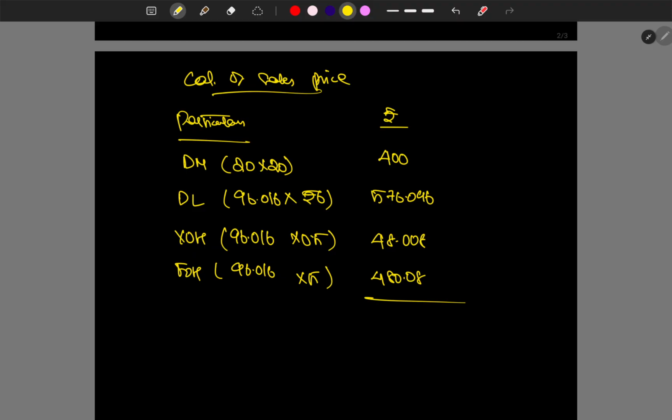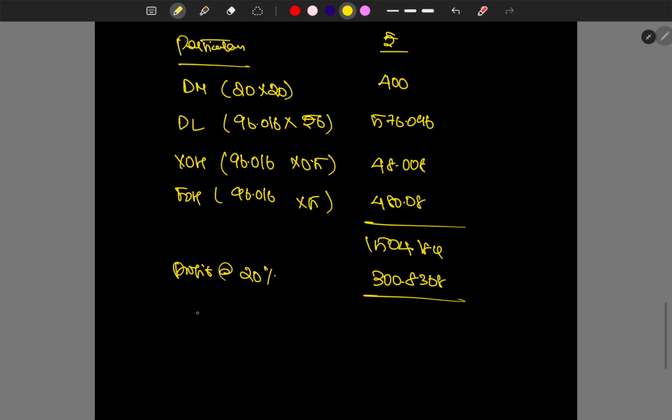Let's total it up. We'll get 400 plus 576.096 plus 48.008 plus 480.08, which is 1504.184. Profit at 20% is 300.8368.